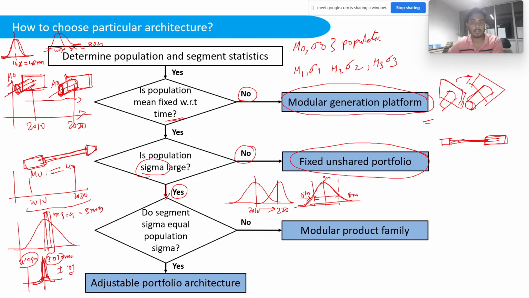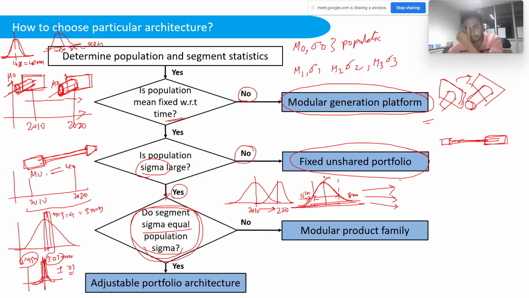But for a product where we have those variations, we need to check the next checkpoint. Then we ask the question: does the segment sigma equal the population sigma? Now this is a measure for the entire population, so this population may have different variations.